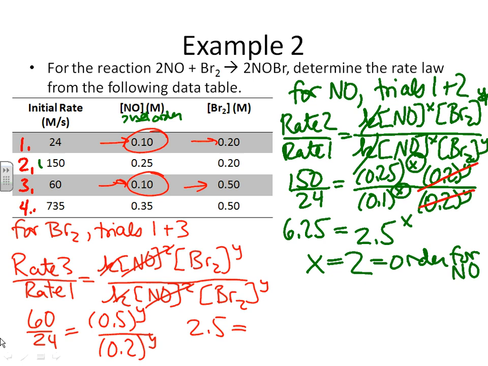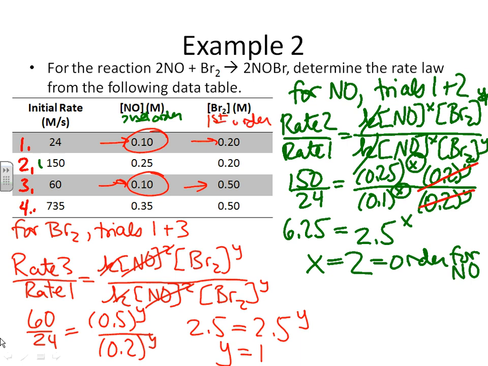You can do 0.5 divided by 0.2 because they're both raised to the same exponent. They're like terms. So 0.5 divided by 0.2 is 2.5, but it's 2.5 to the y. You're keeping that exponent there. All right, well, what value does y have to be? This is pretty clear at this point. y has to be 1. So it's first order with respect to the bromine.